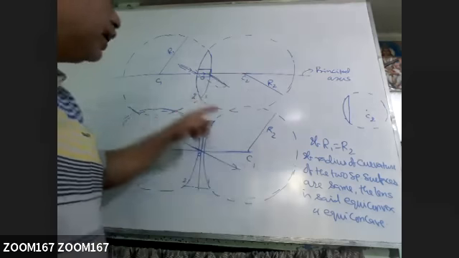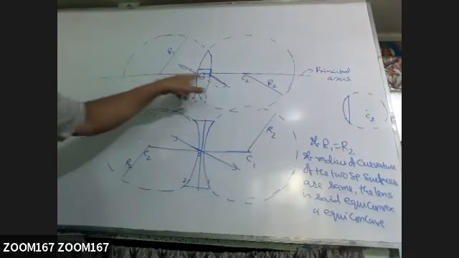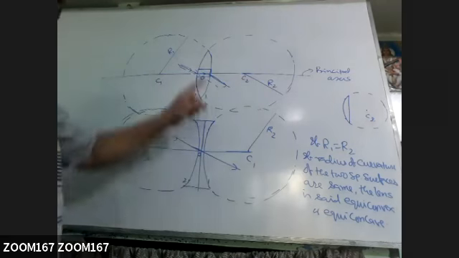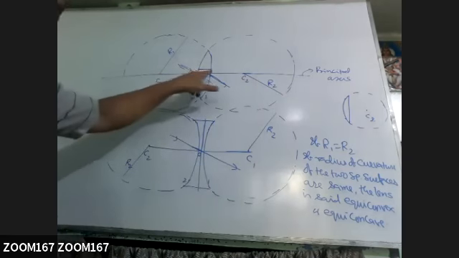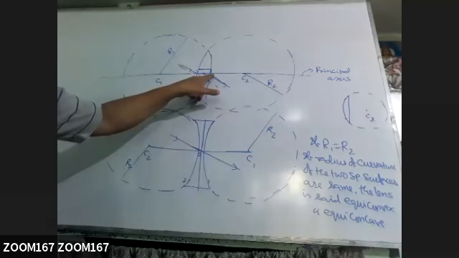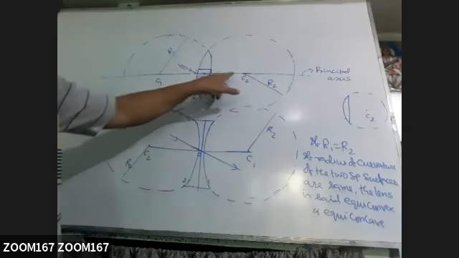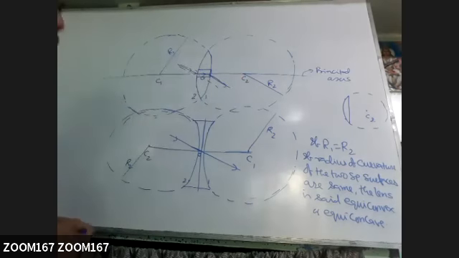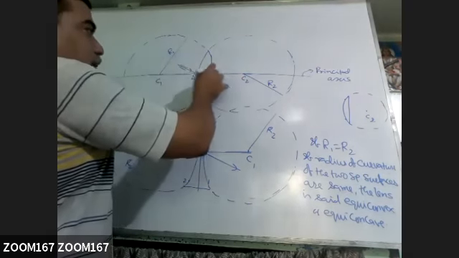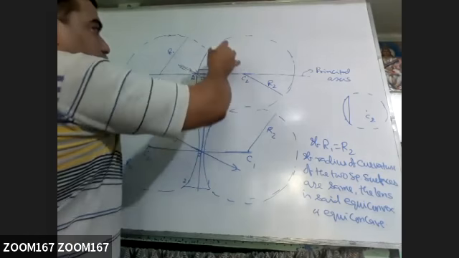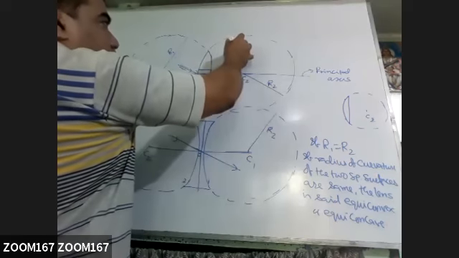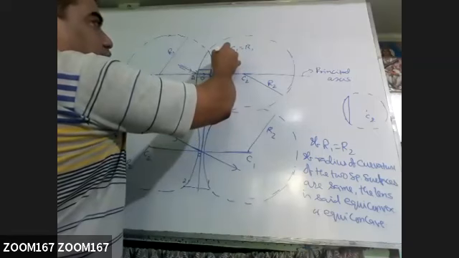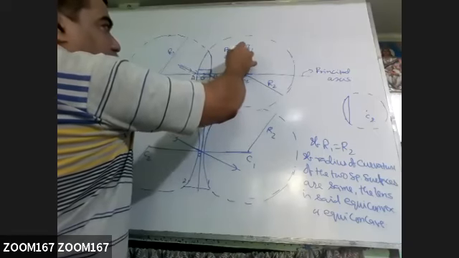So for a thin lens, this OC1 or OC2 is equal to the radius of curvature. So actually how much is it? From here to here, that is R1. Or for this one, from this place to this place. This is A, this is B. Then BC1 is R1 and AC2 is R2.